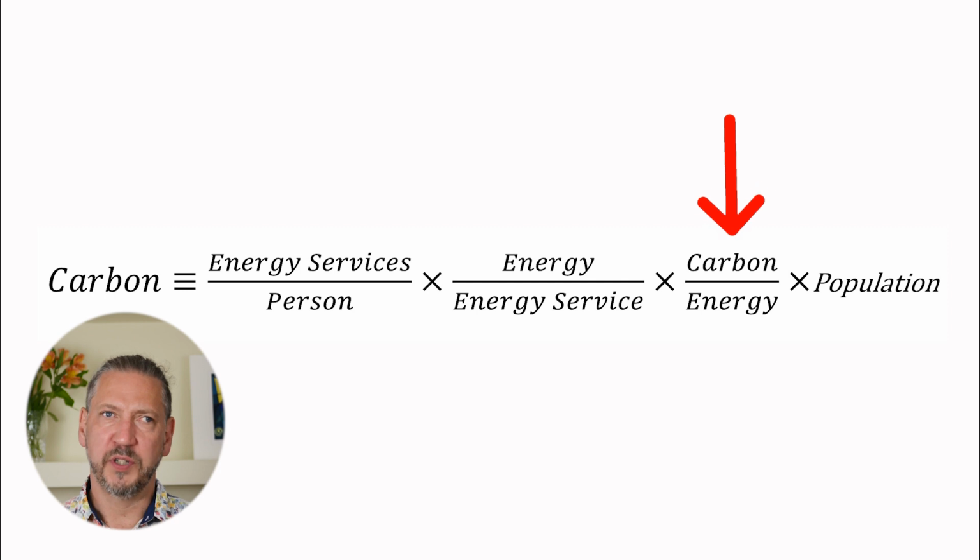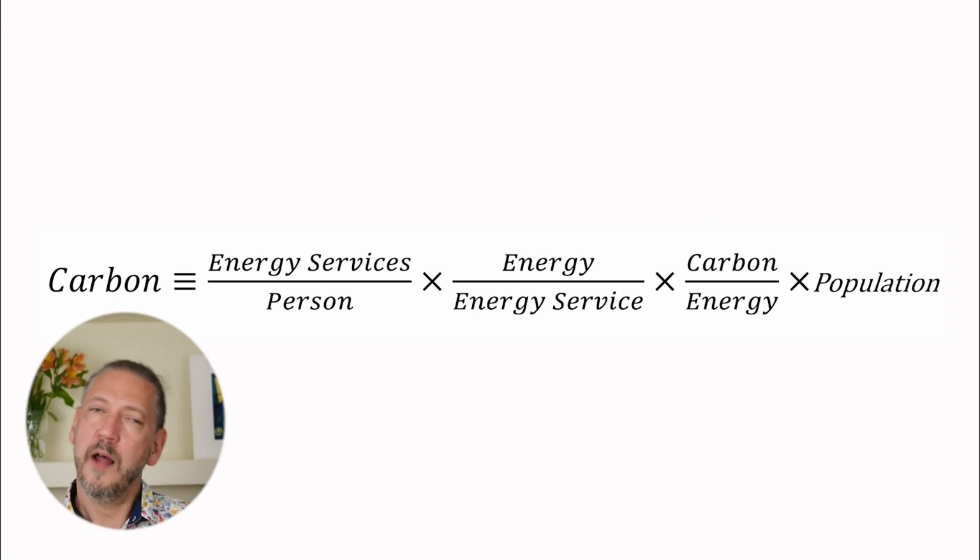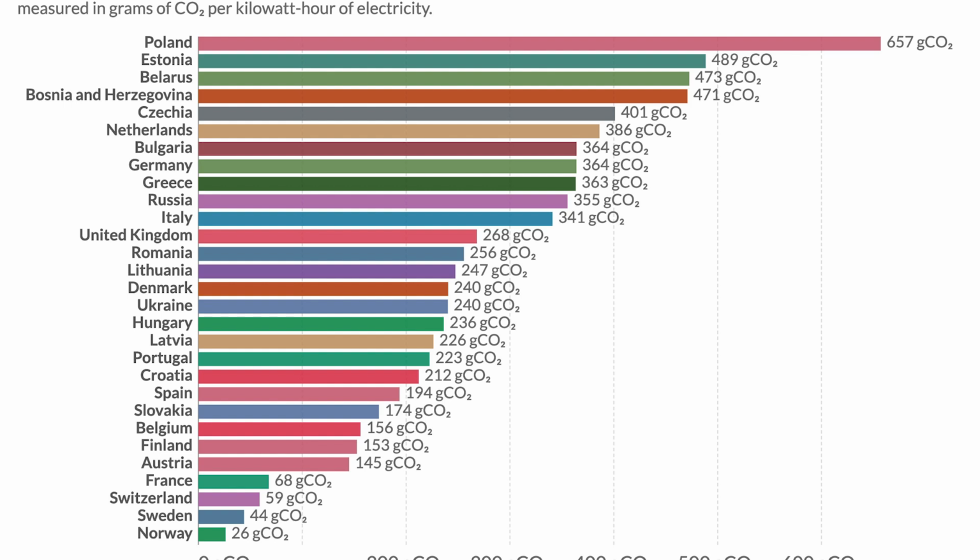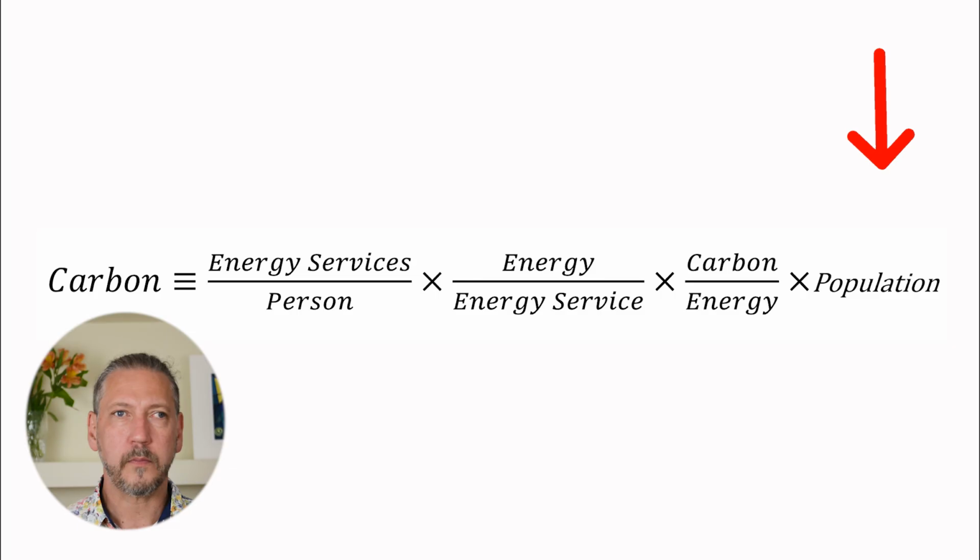Coal produces the most carbon dioxide to deliver a unit of energy, followed by oil and then gas. The carbon intensity of electricity is very variable worldwide, depending on the mix of generation in that country. But renewable electricity, being a zero carbon generation source, is very helpful to reduce the impact of this term.